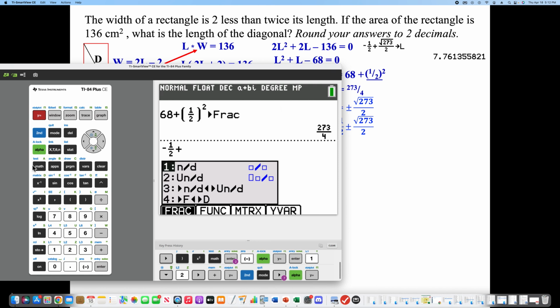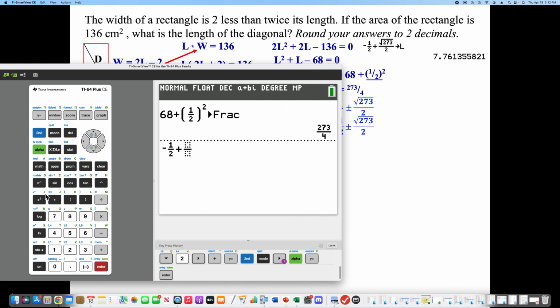Alpha y equals our fraction, second square root 273. We'll put a 2 on the bottom. But what I'm going to do this time is store this for L. You see this arrow with the L? The arrow is this button right here, store. And I'm going to store it in for L.